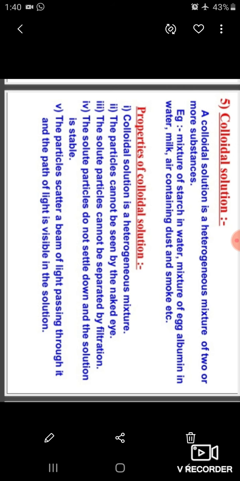The particles scatter a beam of light passing through it and the path of the light is visible in the solution, as you have observed in the Tyndall effect.